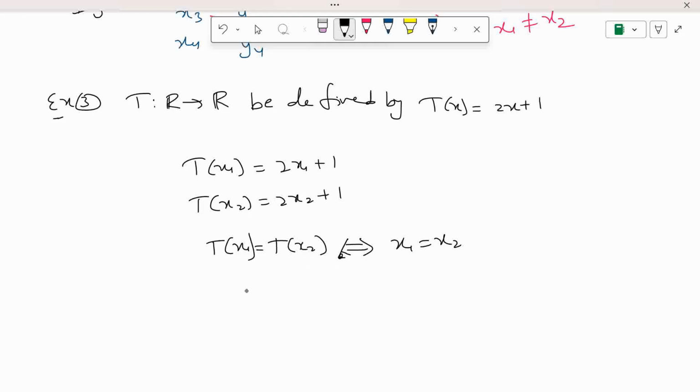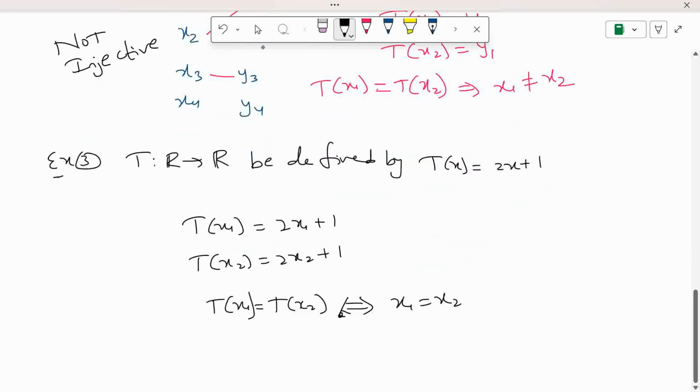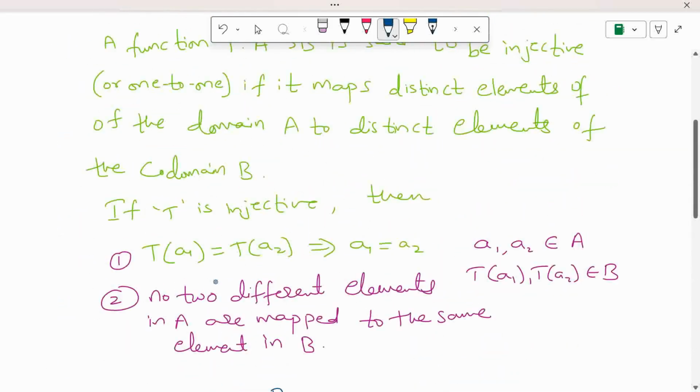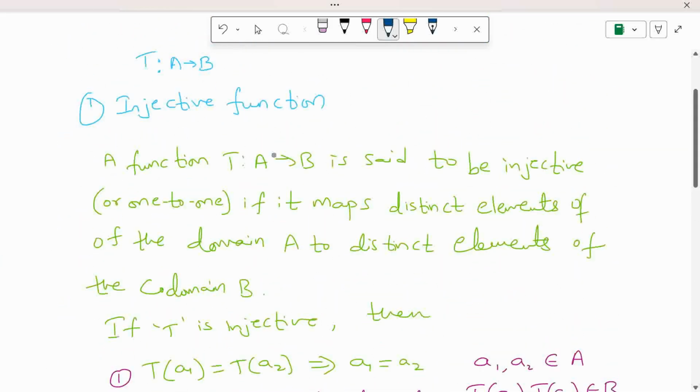Hence, this is an injective function. You have to use your intuition as well to understand things. This is all about the injective function.